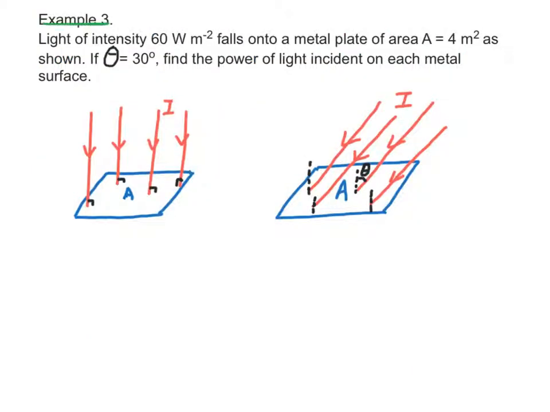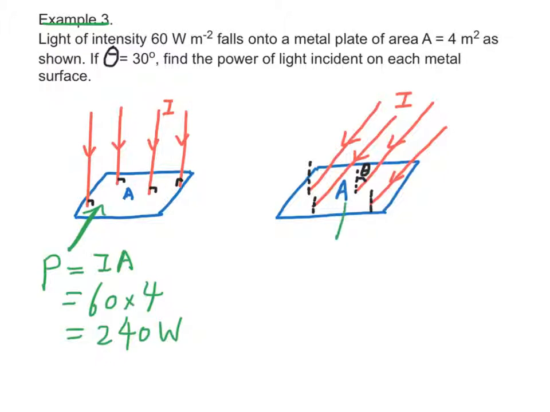Example 3. The power of light in this case is equal to IA equals 60 times 4 equals 240 watts.